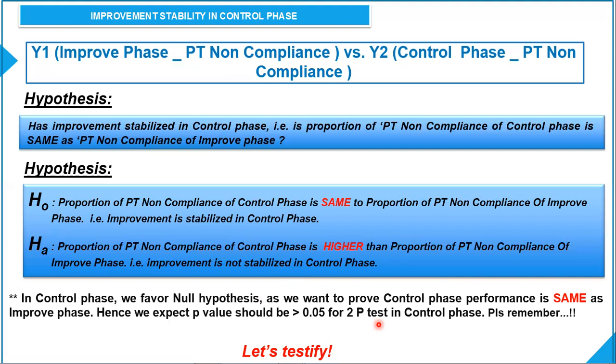So we are expecting the p-value to be more than 0.05 for improvement stability validation, and not less than 0.05. So please do remember this. Let's go to the next slide and testify.